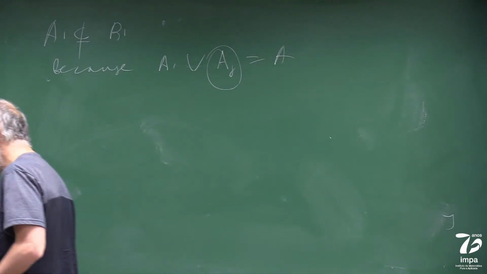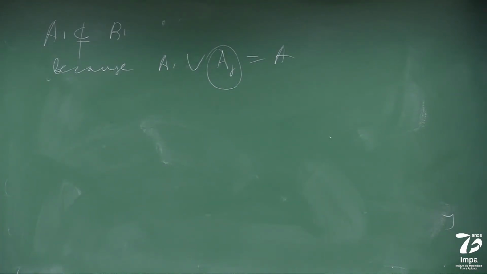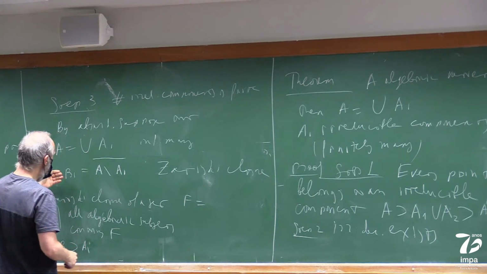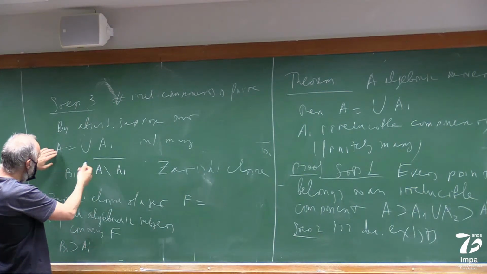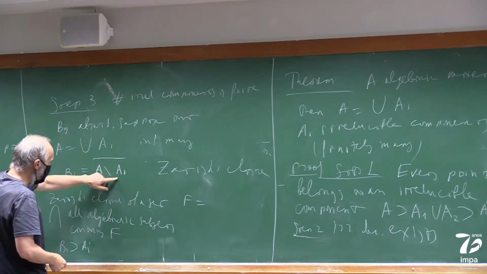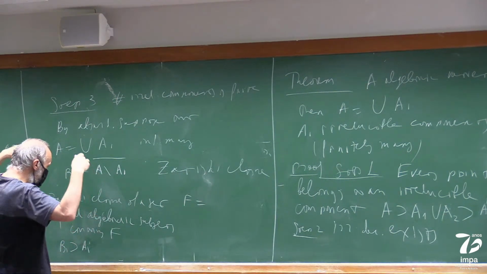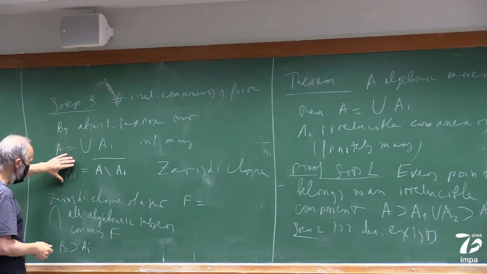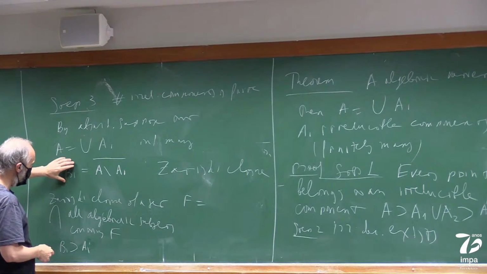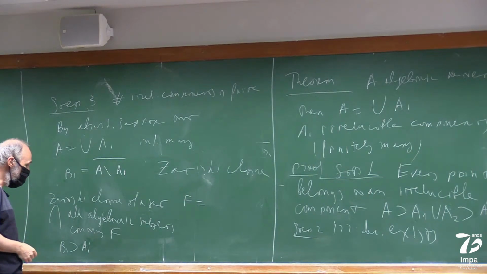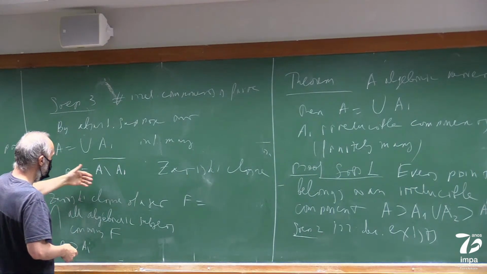Okay. So this means that, just because it's an irreducible subvariety, you have a function which vanishes on the rest and doesn't vanish on AI, and then the second function vanishes on BI. So this is why BI doesn't contain AI.